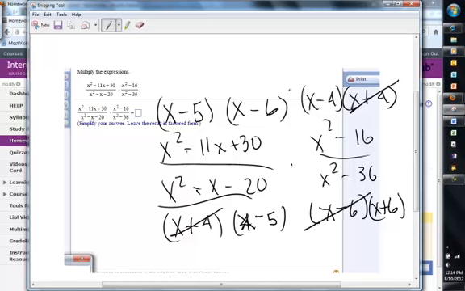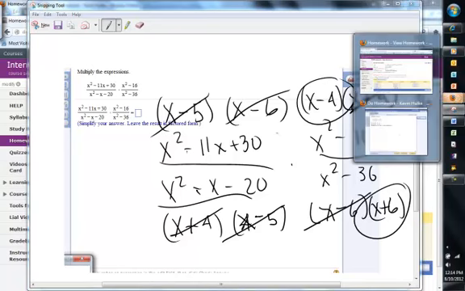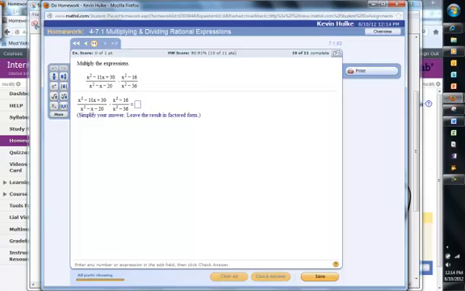So this one simplifies, and this one simplifies, and we're left with x minus 4 over x plus 6. All right, and that's it.